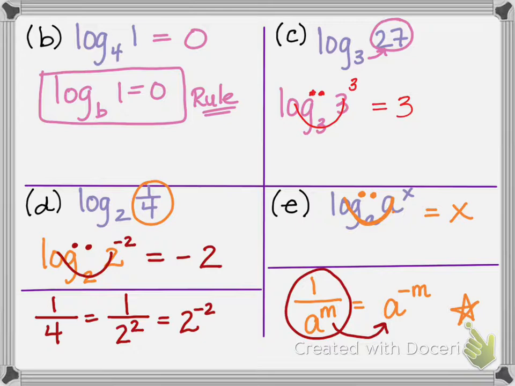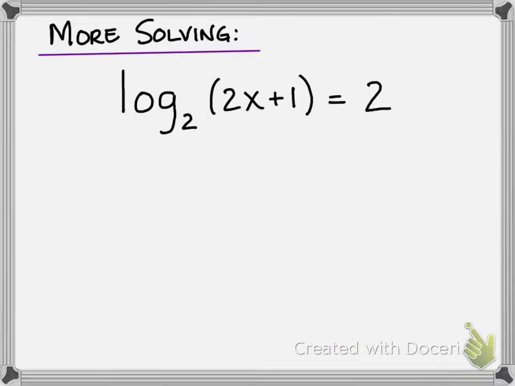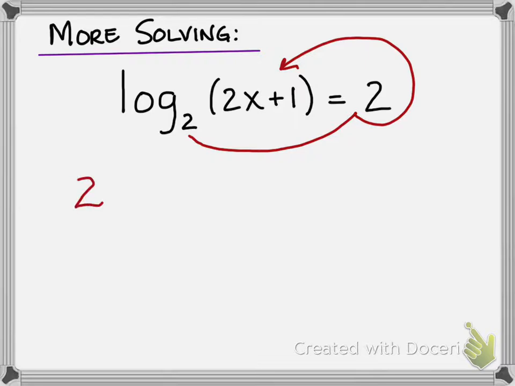Alrighty, let's move on. How do we rewrite this one? Again, it looks like it's getting a little bit longer, but approach it like we've been doing it. Take that 2, go here to the exponent, wrap it around, set it equal to the power. So we've got 2 to the second power equals 2x plus 1, the entire expression.